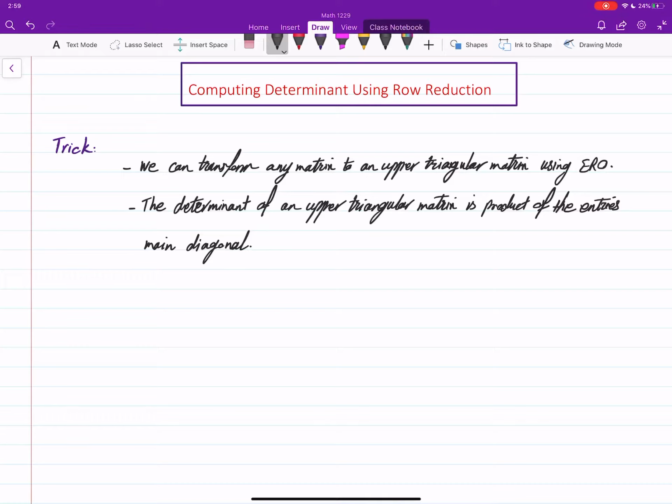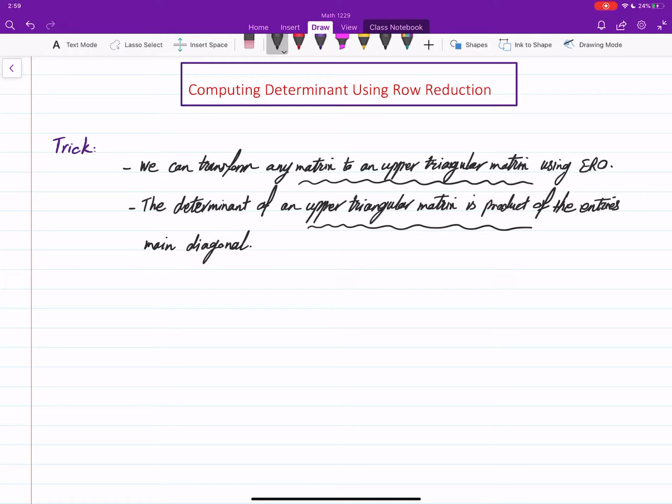So, if you want to compute the determinant, keep track of changes at each stage of this row reduction. And then when you get to the upper triangular matrix, you know how to find the determinant. Just multiply entries on the main diagonal.